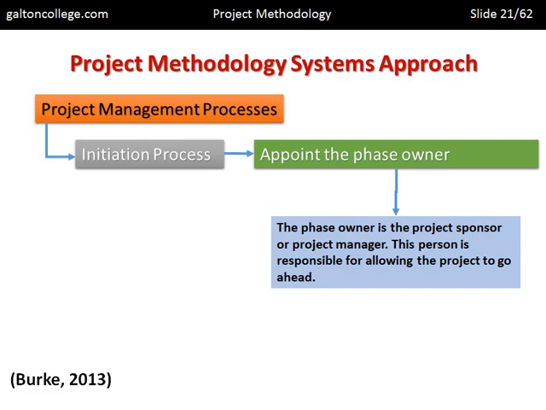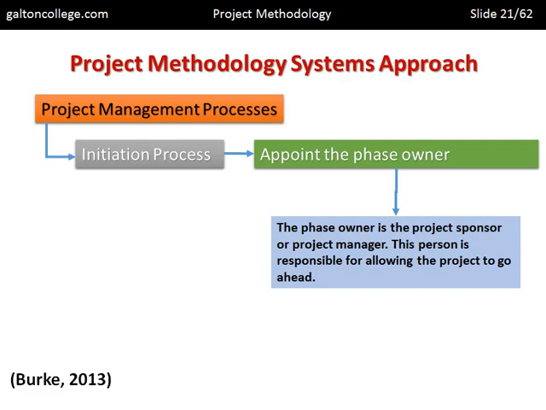It's also perhaps a good idea to have someone arguing against it, so that all of the pros and cons are looked at critically and set out clearly for management to understand what's involved, what are the good points, what are the drawbacks, and then make a decision. But if it's decided that the project should go ahead, then there should be someone appointed to look after the project. So a phase owner should be appointed, a champion.